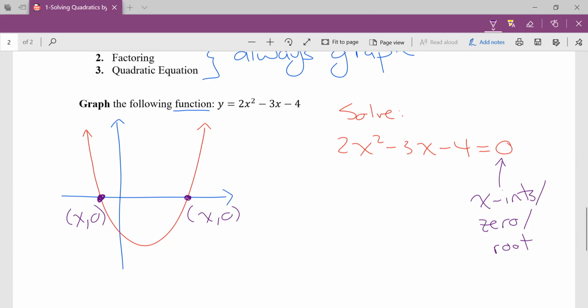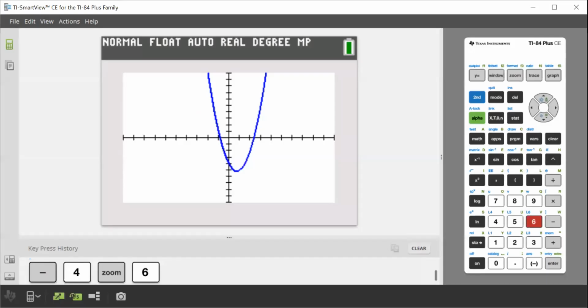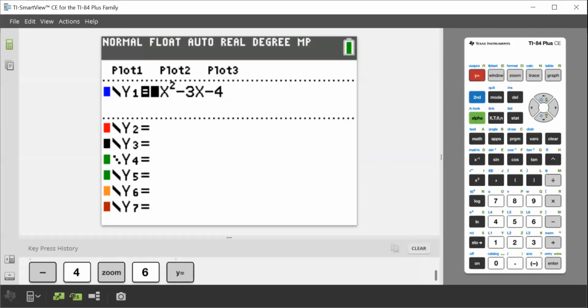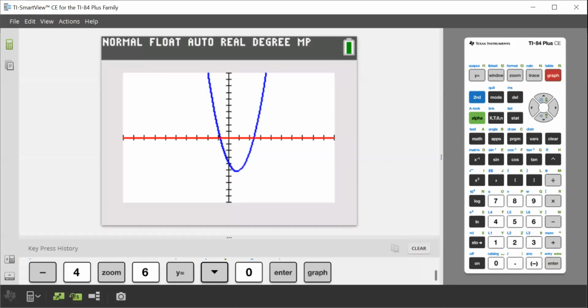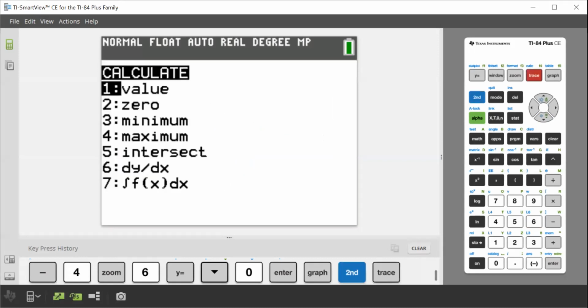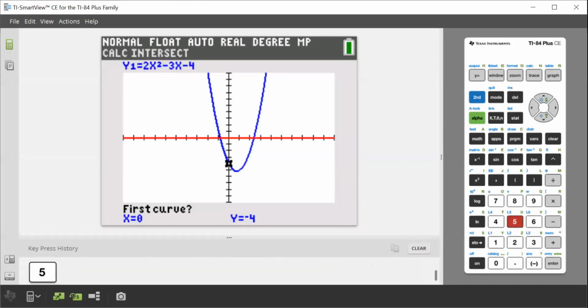I think the easiest way to solve in a TI calculator is to go to y equals, go down to y2, and make that 0. That, again, is going to help us find our x-intercepts. So I'm just going to go second, calc, intersect. And just go first curve, enter, second curve, enter, guess who cares, enter.